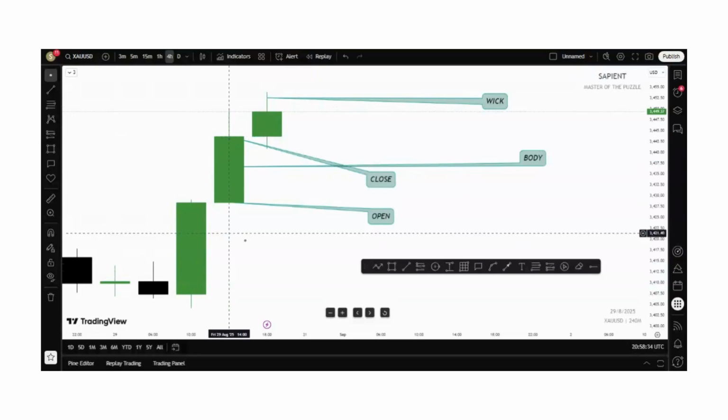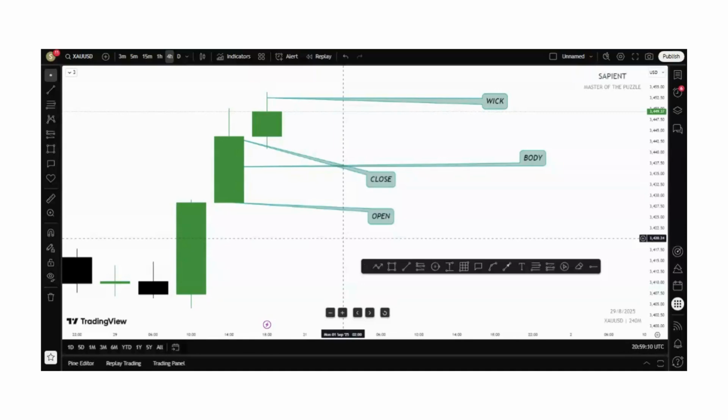So a quick recap: the candlestick is a representation of market data. It is how we analyze the chart. Instead of just looking at the order book and seeing price, we can look at the candlestick, understand it, and know what price is doing.